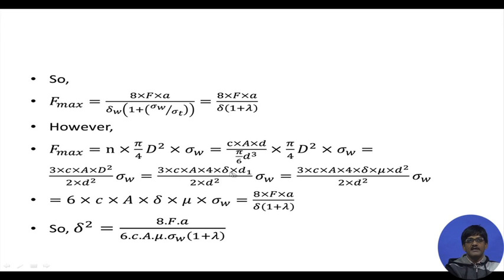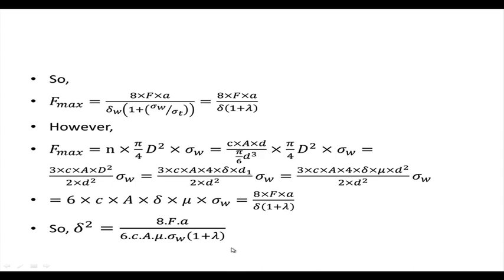Remember, F max we have now found out from the considerations of concentration, and we had already found out the expression of F max here, and therefore we equate the two. When we equate the two, we get an expression of delta square. Why? Because delta was occurring here, and delta has occurred already there, and therefore by cross multiplication we can say delta square is equal to this.